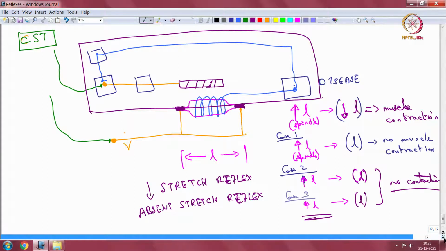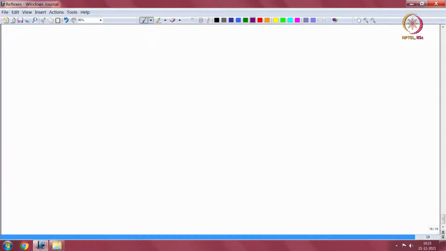Now, we look at the other kind of diseases. When I spoke about activity which is coming from the corticospinal tract, I showed you in the reverse actually. So, what I mean by reverse is we will paste from there.